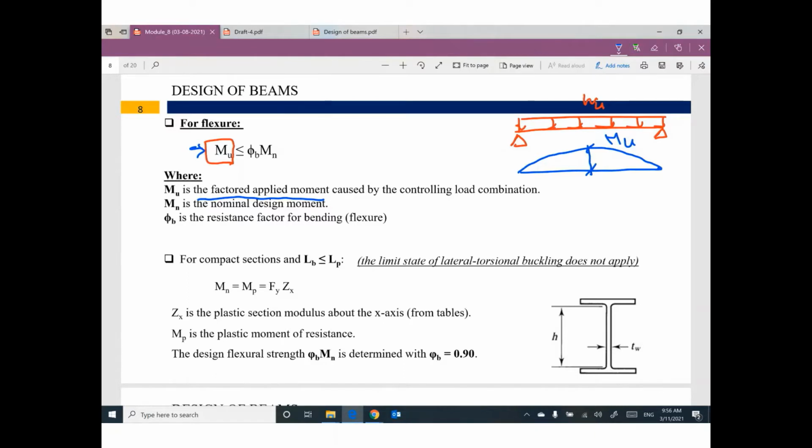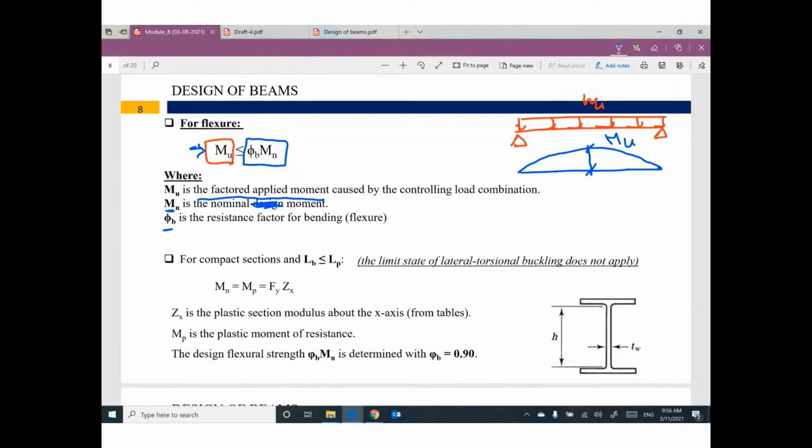This applied moment, to be safe, this value must be smaller than or equal the design moment. So phi Mn are two terms. The first term Mn, which is called nominal moment, and the phi is the reduction factor for flexure, for bending.